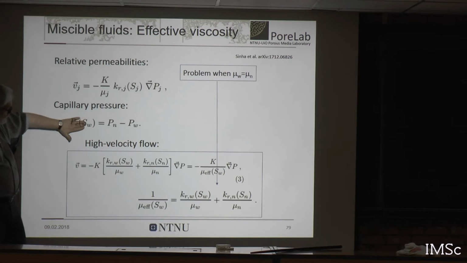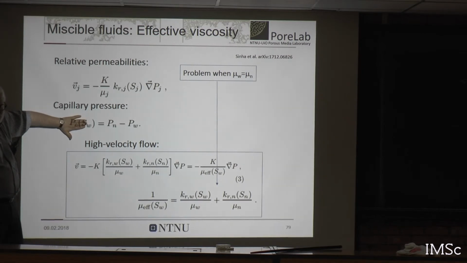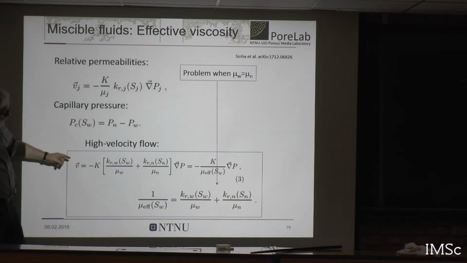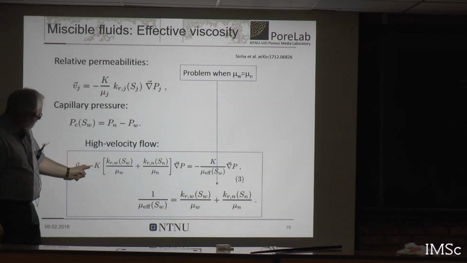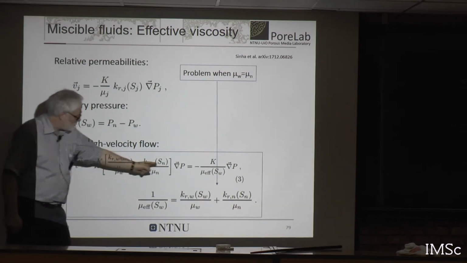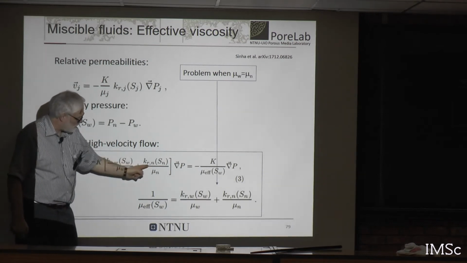Now, I set this to 0 because we are making the fluids miscible. And then I just add the two partial Darcy equations, and I get minus k permeability, pressure difference, and then just the sum here.